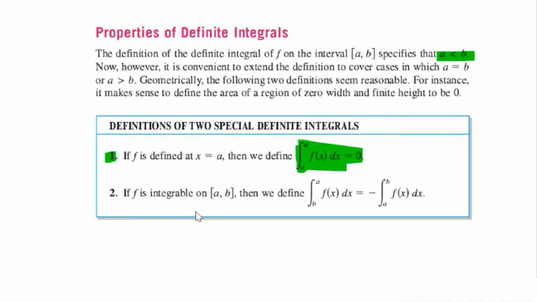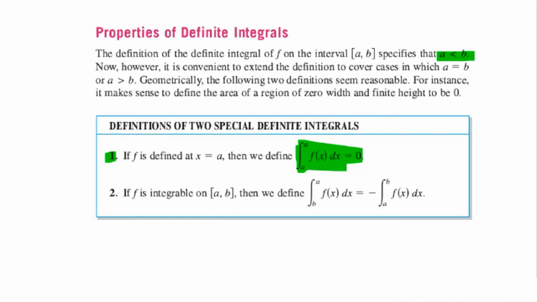If f is integrable on interval [a, b], then we define the integral of f of x dx from the upper limit written below and the lower limit written above. So we have to write the negative sign in order to interchange the writing of the limits.